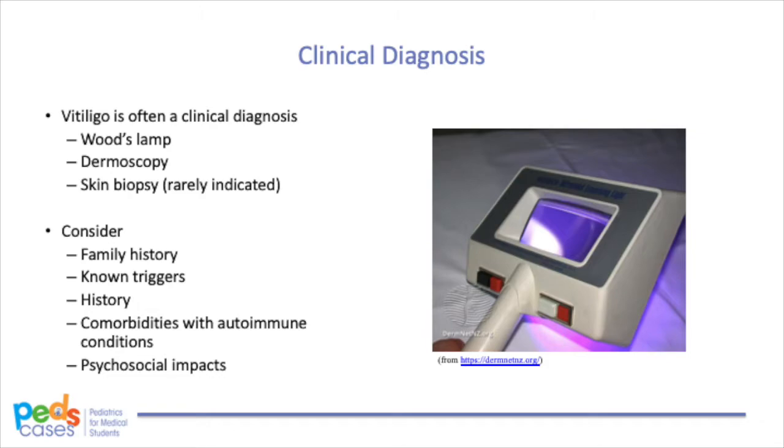There are significant psychological impacts associated with vitiligo. Patients may experience stigmatization and isolation, which significantly impact the patient's quality of life. It is important to consider and explore the psychosocial impacts of vitiligo at the time of diagnosis with regular follow-up onwards. This will be discussed in the later sections.